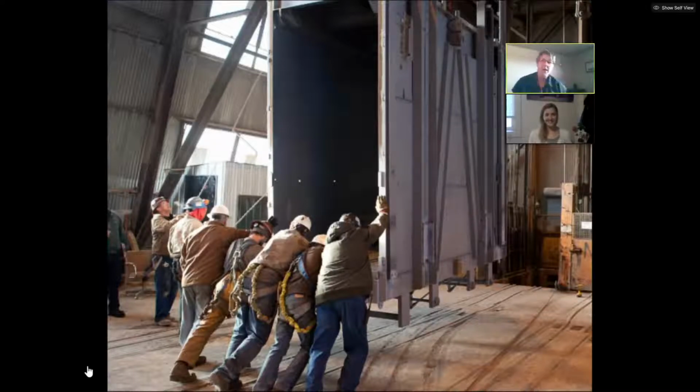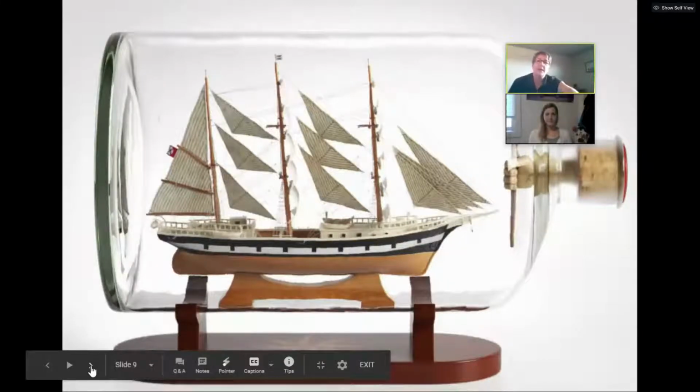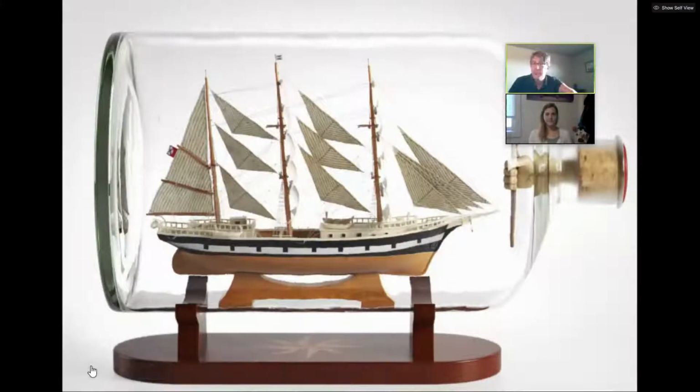Okay, so what's interesting to me about this, and I'm going to show one more picture here before we talk about a couple other things, is a picture of a ship in a bottle. Somebody else used this analogy, and I really love it. When we think about the huge things that we saw that were underground, all of that has to fit into the cage that goes down, piece by piece.